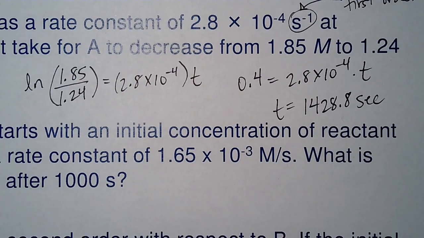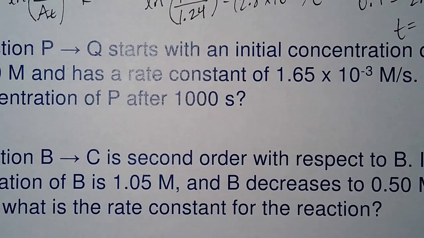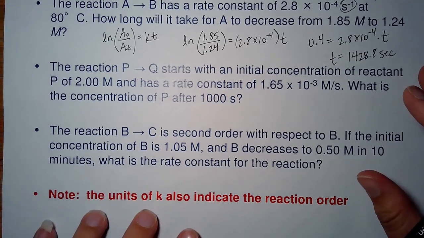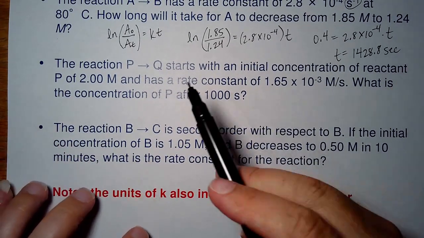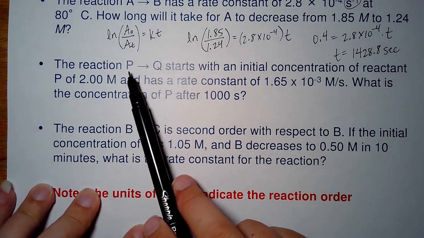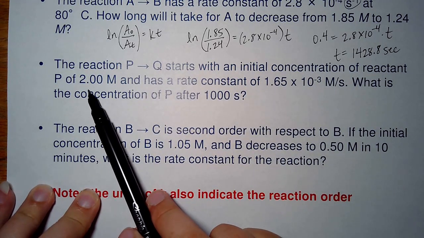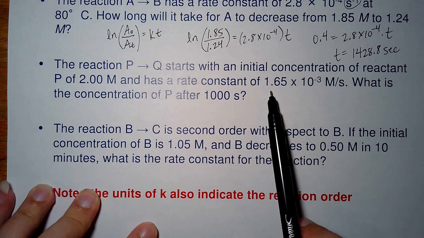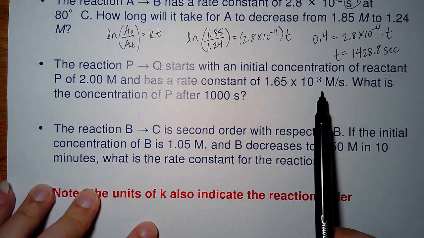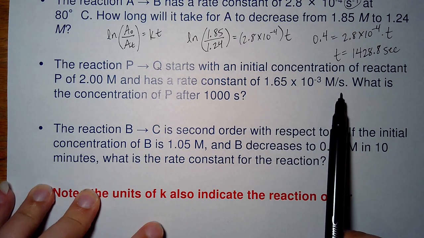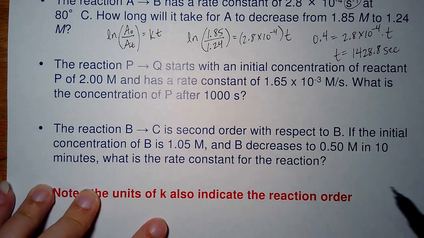Alright, let's look at this second one. Reaction P goes to Q, so P is our reactant. We have an initial concentration of 2 molar, rate constant of 1.65 times 10 to the minus 3 moles per liter per second. What is P after 1,000 seconds?